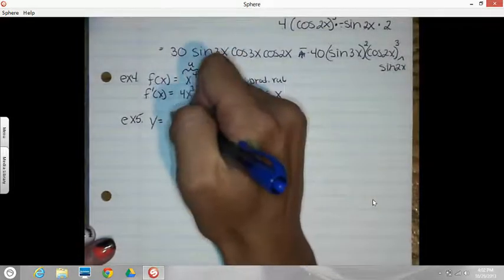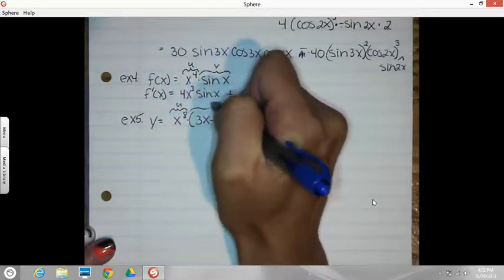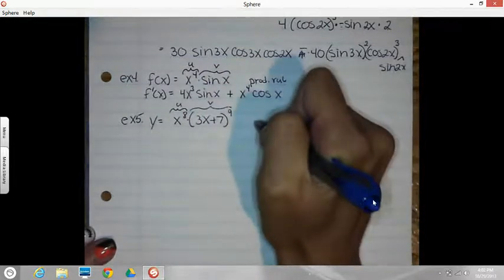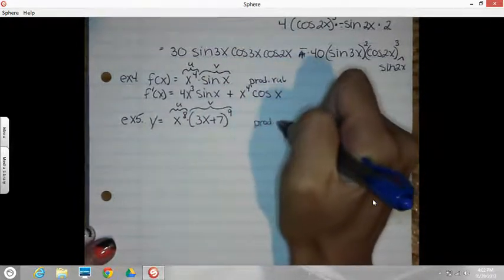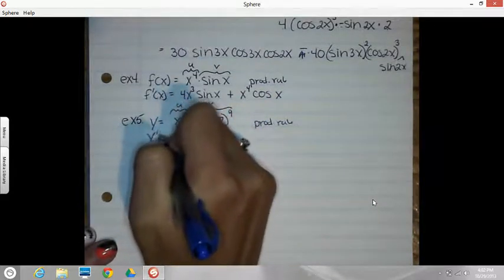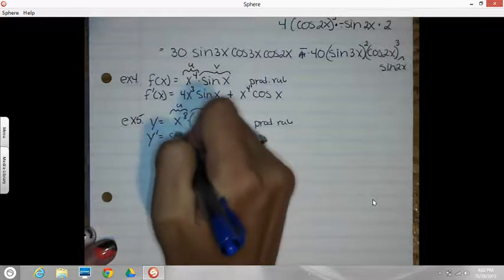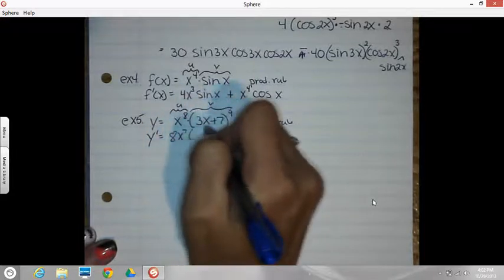So that's a u times a v, so that's product rule. So the derivative, let's take the derivative of your u term, that'll be 8x to the 7th. Keeps the v the same.